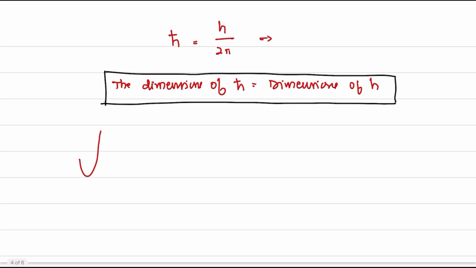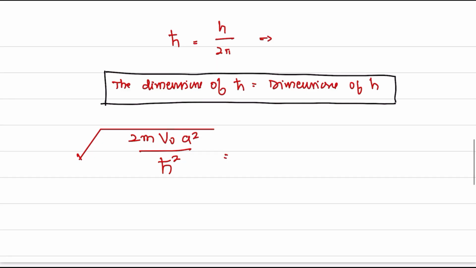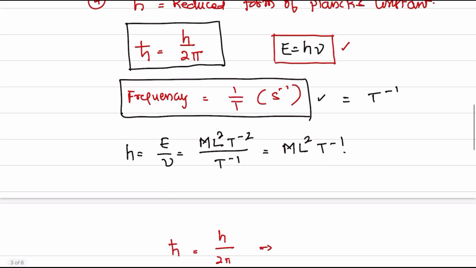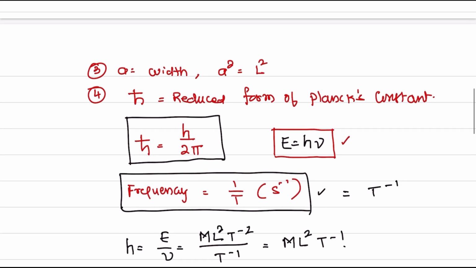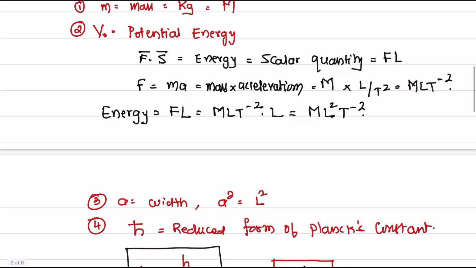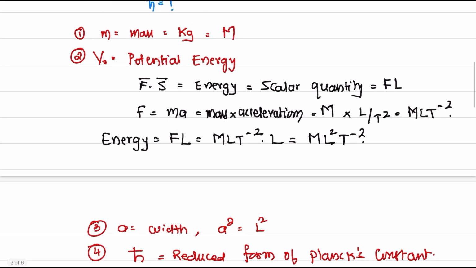Square root of 2m V naught a square by h cut square. That is equal to square root of 2 into m, where capital M is the dimension of mass.